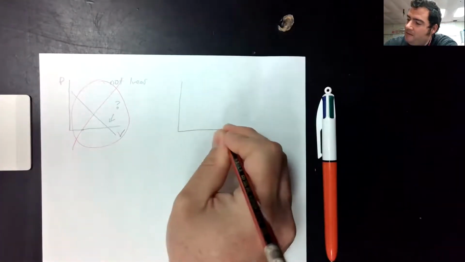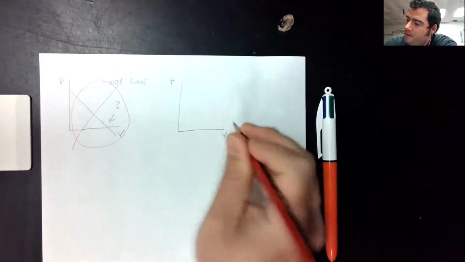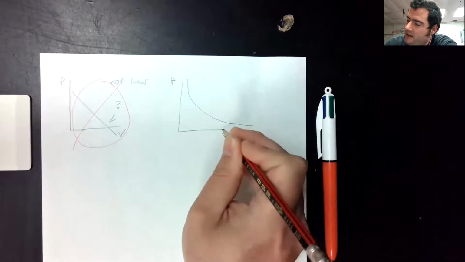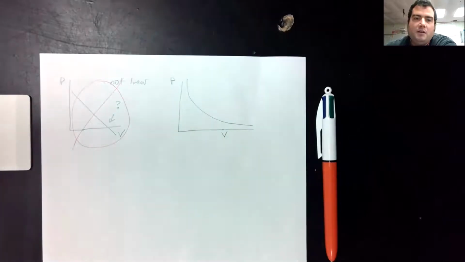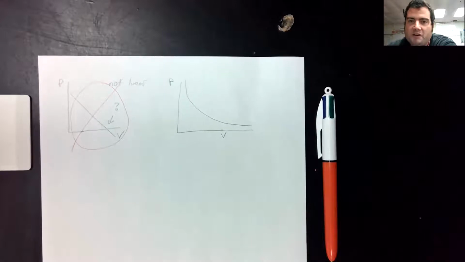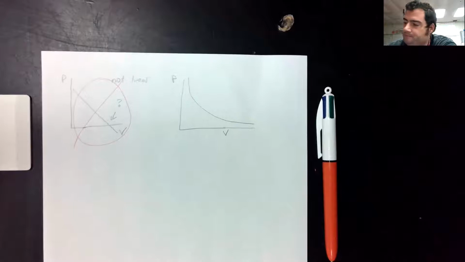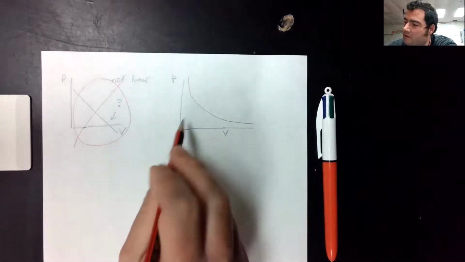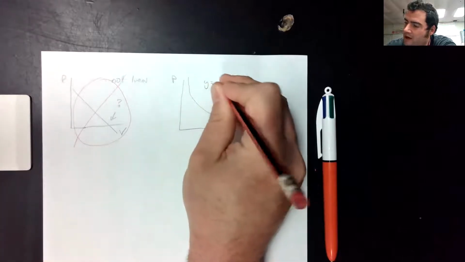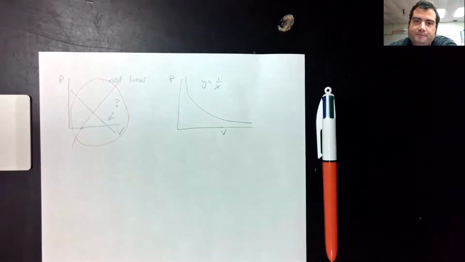What would be a better idea? Maybe we have a pattern that has an asymptote. That as volume gets bigger, pressure drops and approaches zero but never gets there. And that's a more reasonable assumption. So a good choice of graph for this could be a hyperbola, y equals 1 over x.